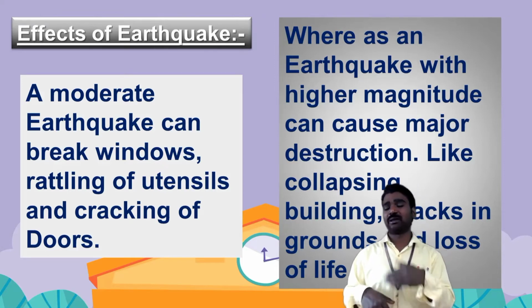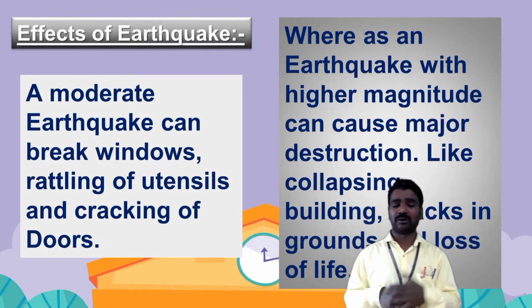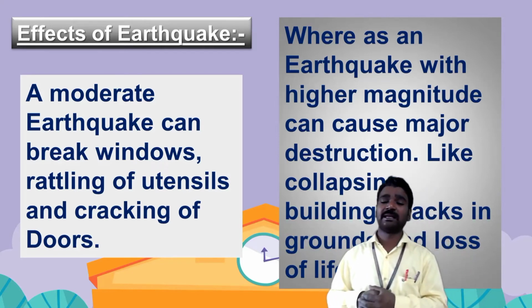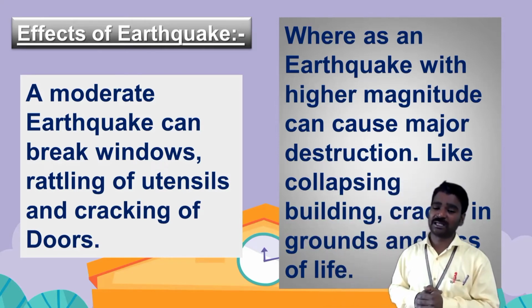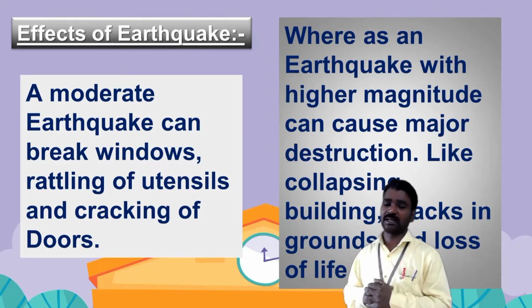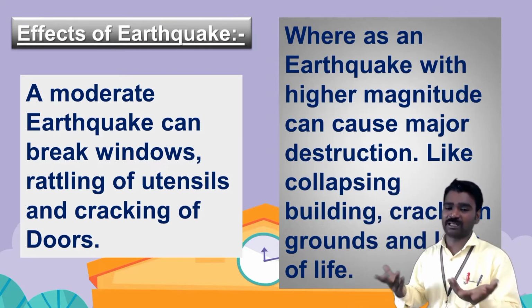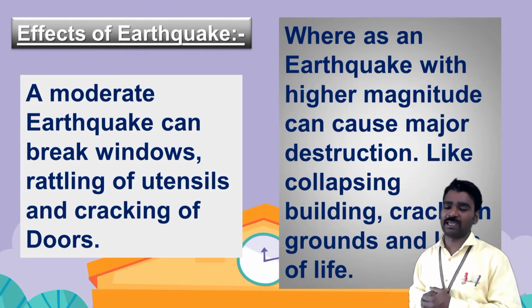Whereas an earthquake with higher magnitude, that means 6 magnitude, 7 magnitude, or more, can cause major destruction, like collapsing of buildings. If people are trapped inside these buildings, no doubt most of them may lose their lives.